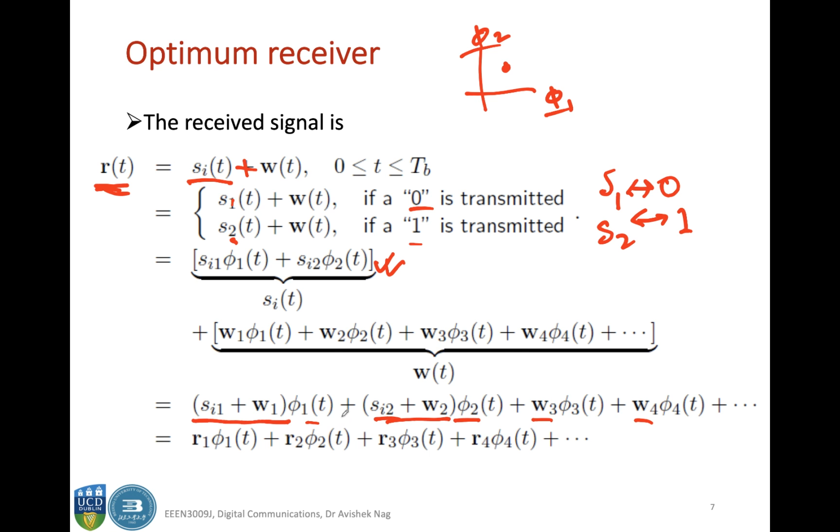So then you can write this as r1, this as r2, and this as r3, and so on. These are the different components of the received signal. Let us imagine that your r(t) can be expressed as r1 times phi1(t), r2 times phi2(t), r3 times phi3(t), and so on, where the first two components contain the signal, because the signal is only two dimensional, represented by phi1 and phi2, and the remaining components from r3 onwards contain only the noise.